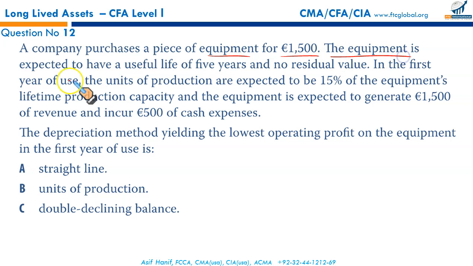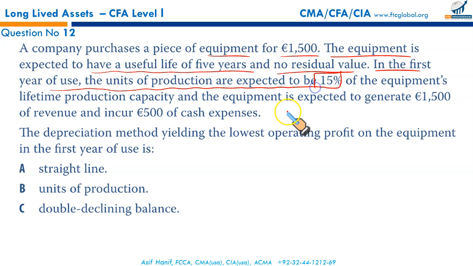Next, a company purchases a piece of equipment for 1500 euros. The equipment is expected to have a useful life of 5 years and no residual value. In the first year of use, the units of production are expected to be 15% of the equipment's limited lifetime production capacity. And the equipment is expected to generate 1500 of revenue and incur 500 of cash expenses.